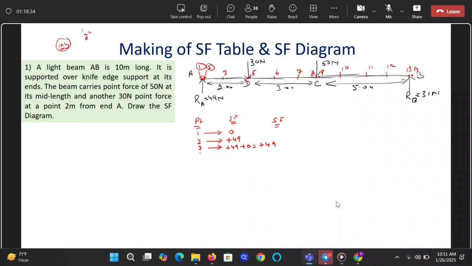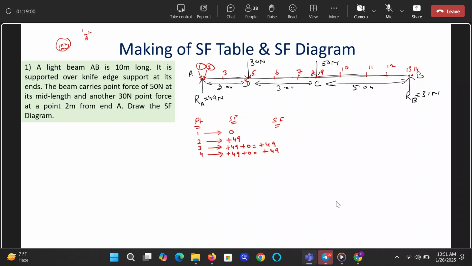I go to point 4. Up to 3, the total force resultant is plus 49. Is there any change between 3 and 4? No, sir. So this remains plus 49. Guys, I don't want to rush. Anybody has any questions up to point 4? Please let me know.